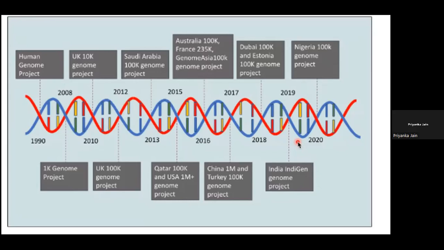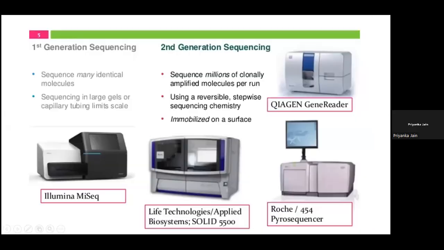So the next thing I will be doing is telling you about the different generations of sequencing, what was the starting, and what was being done, using different platforms in the first generation. The first generation, I'm discussing a few of the platforms, not all, like Illumina HiSeq and MiSeq, and sequencing in large gels or capillary tubing was there, which was a limitation.